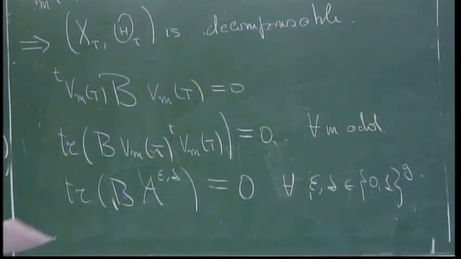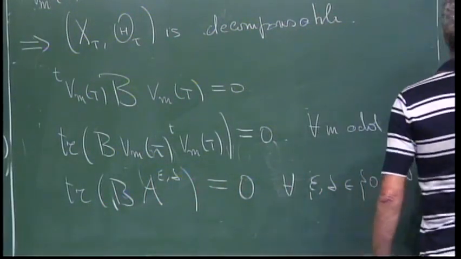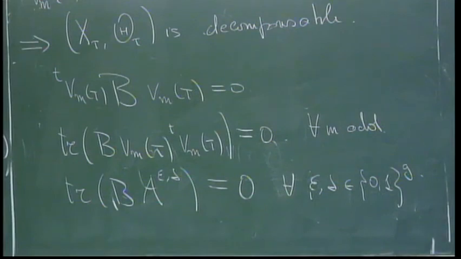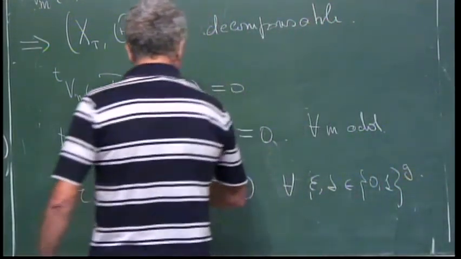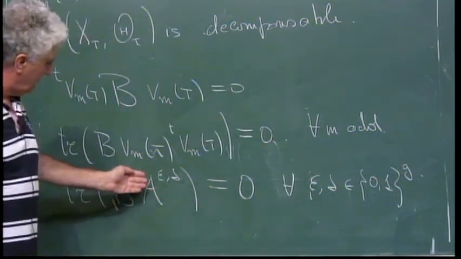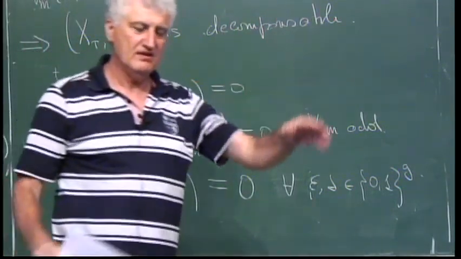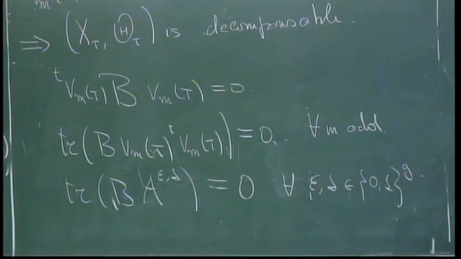But now, what is this? Now for the epsilon delta, I consider this symmetric matrix as a column vector, and I write a big matrix here. I'm sorry, but I could not find a better way to explain.